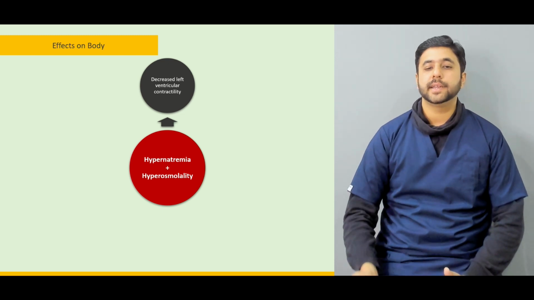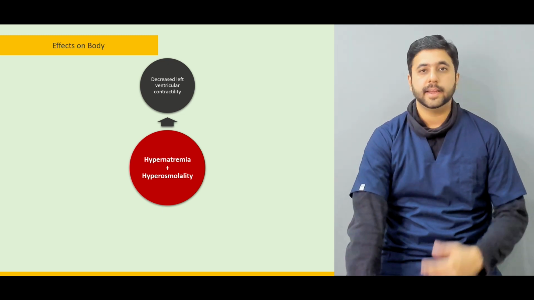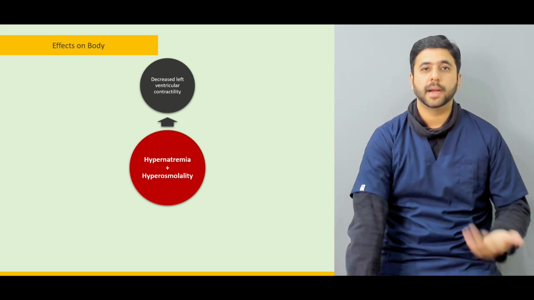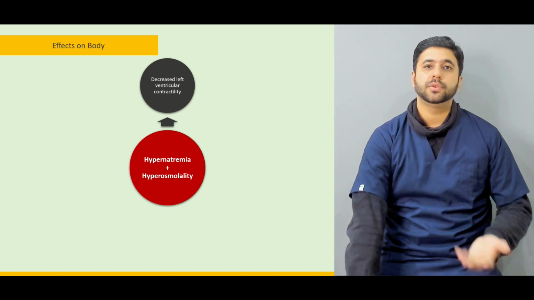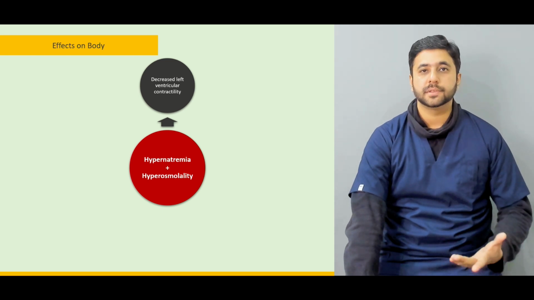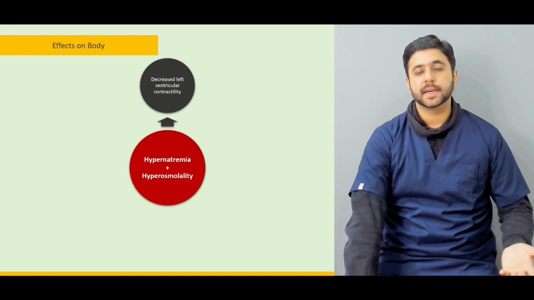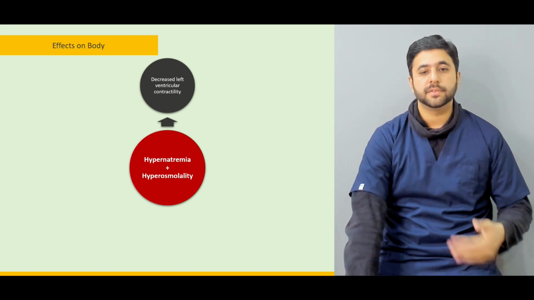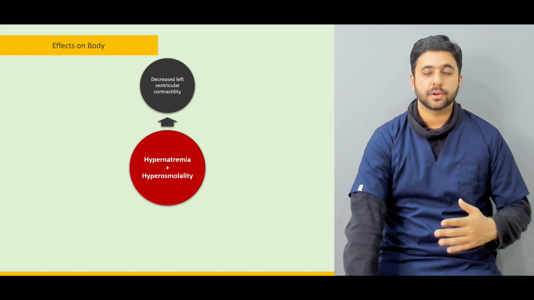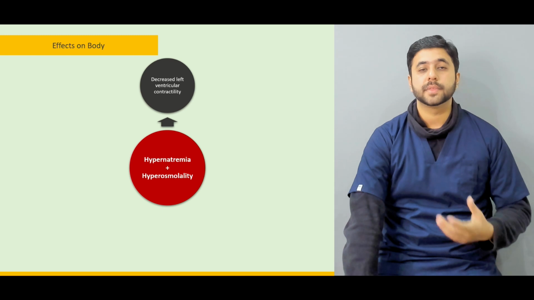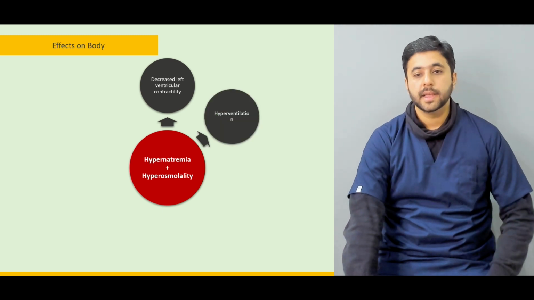So this will lead to decreased left ventricular contractility, and this can lead to all the signs and symptoms which we studied in shock, hypovolemia. It can lead to hypotension, compensatory tachycardia, and then a whole plethora of symptoms by the activation of the renin-angiotensin system, if this decreased left ventricular contractility is very long term or very great in extent.